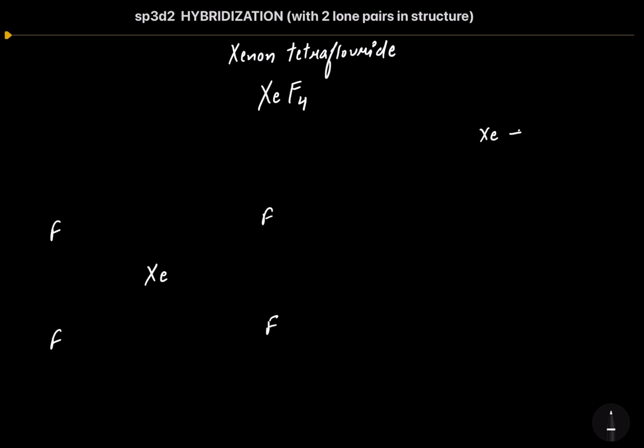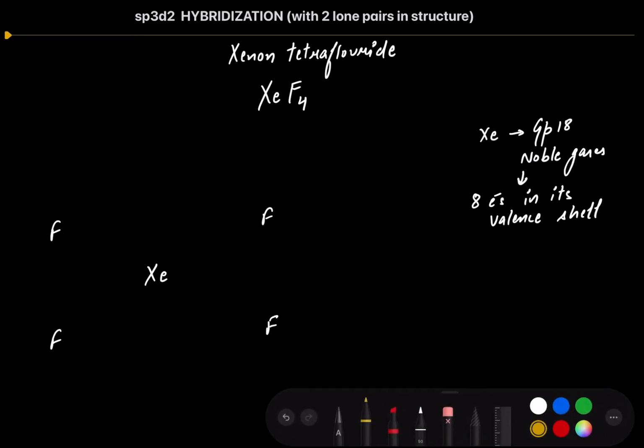Xenon, as we all know, is a member of group number 18, that's noble gases, which signifies that xenon is going to have 8 electrons in its valence shell. So I'm going to mark 8 electrons around xenon in the Lewis structure.